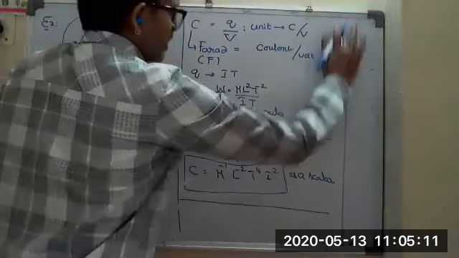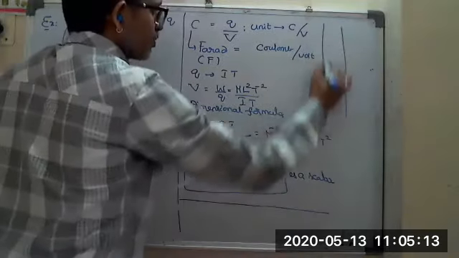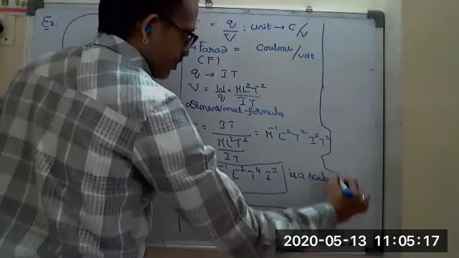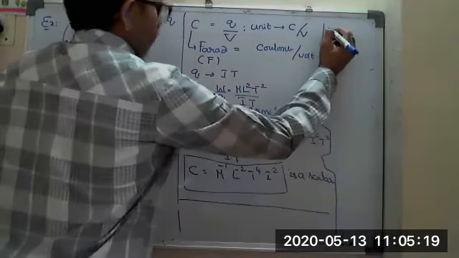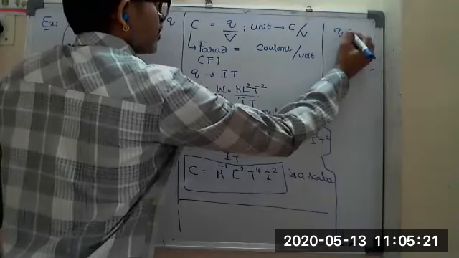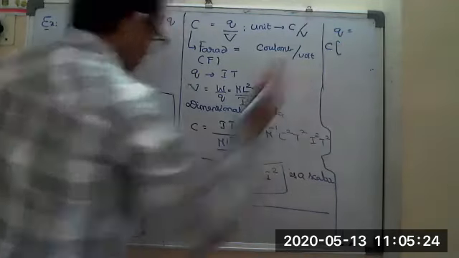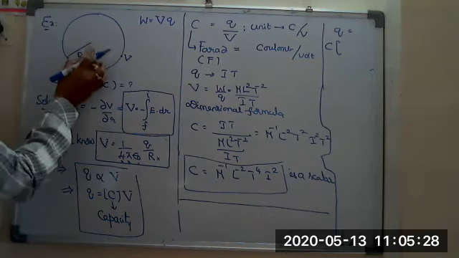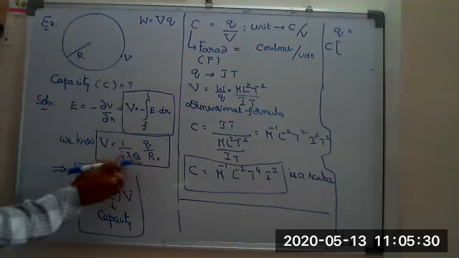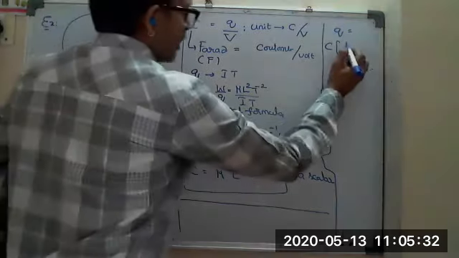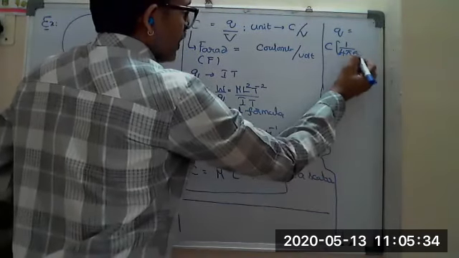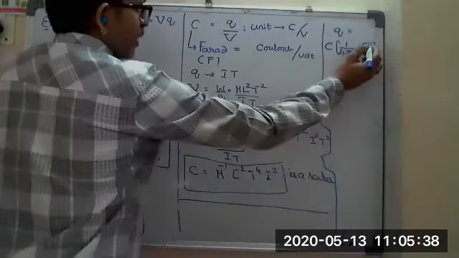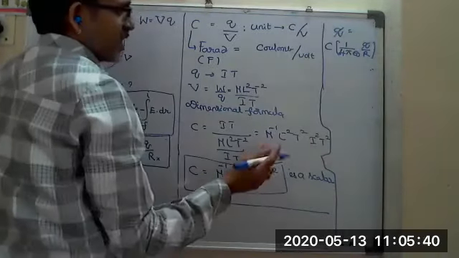Therefore, here I write Q equals C into V. For the spherical conductor, I got 1 by 4 pi epsilon naught into Q by R. Look at it now, Q gets cancelled.